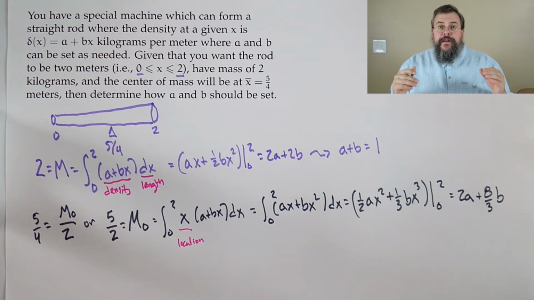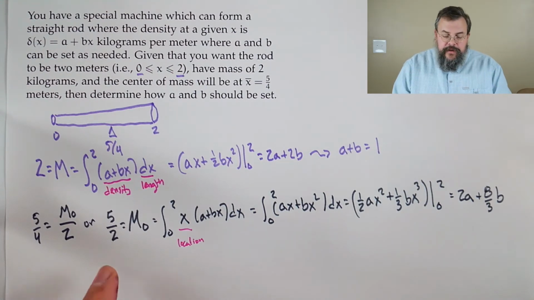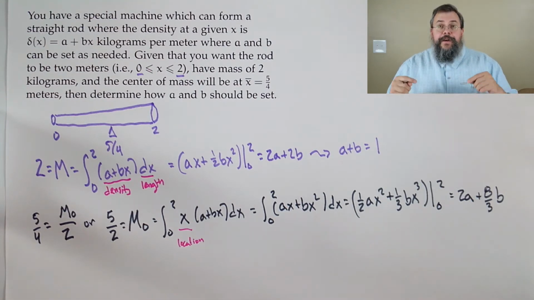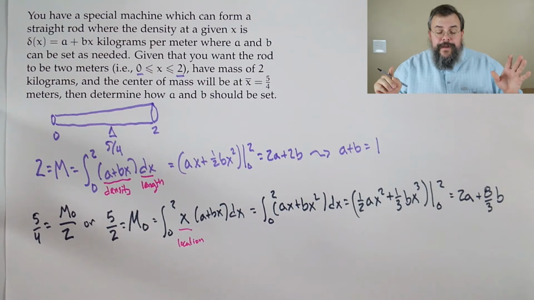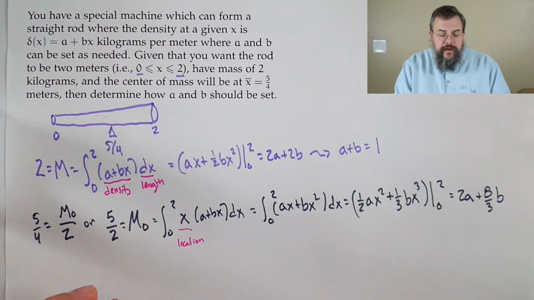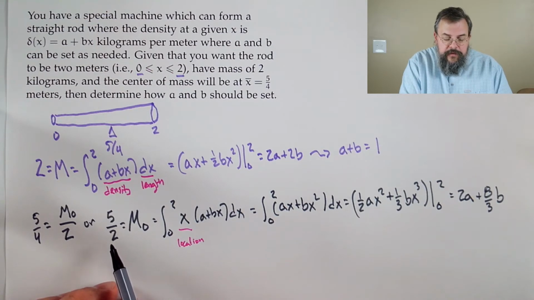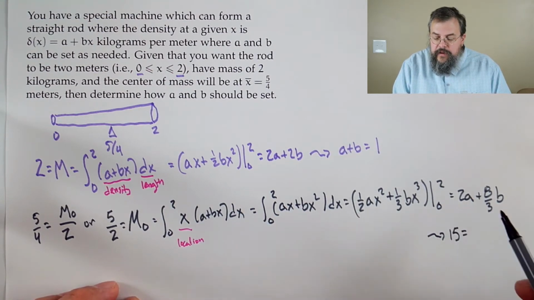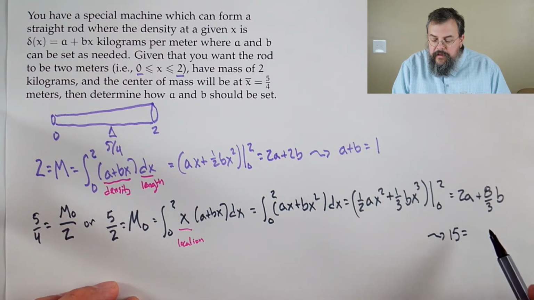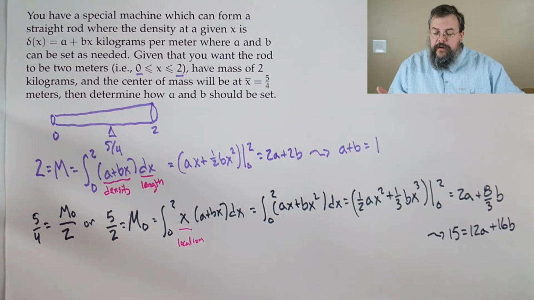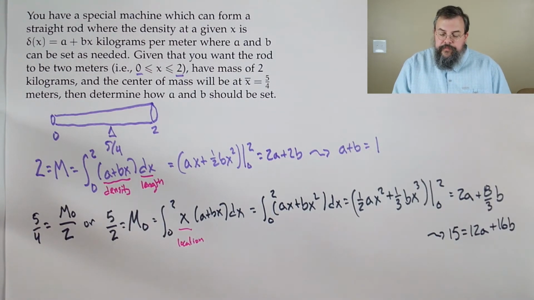Multiply everything by 5 over 2, not 5 over 4. 5 over 2 is equal to 2a plus 8 thirds times b. Multiply by 6, and then all our fractions go away. So 5 over 2 times 6 would tell us 15 equals 12a and here 16b. So now we have another relationship.